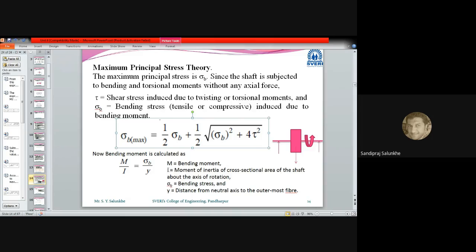That will be the area moment of inertia. Then sigma b is the bending stress, and y is the distance from the neutral axis to the outermost fiber, which we'll call r or d by 2.